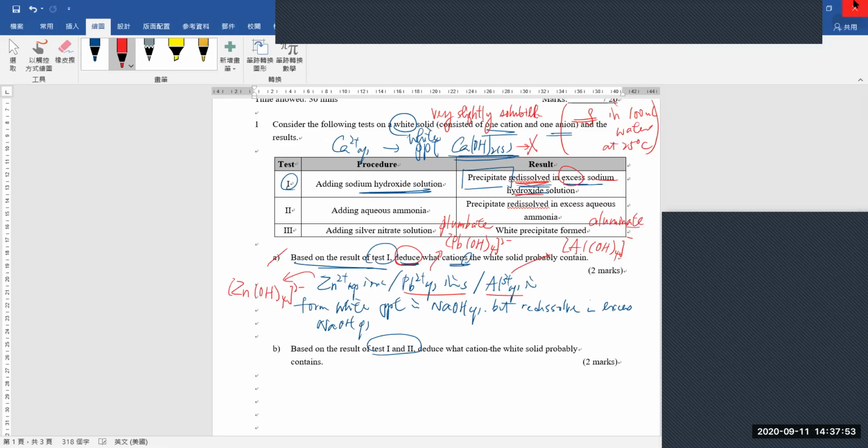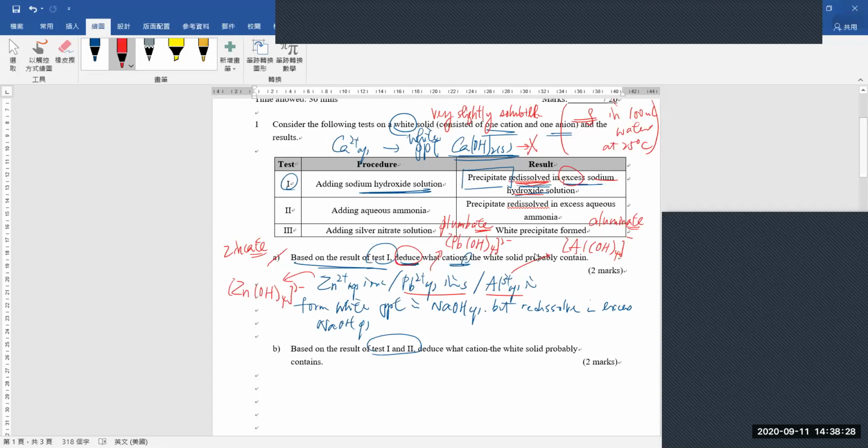Because the whole complex ion is anionic, I would end it with ATE: zincate, plumbate, aluminate. So remember the alkaline used is sodium hydroxide. In these questions, you are not asked to write down the equation, but if you want a deeper revision, that is also needed.